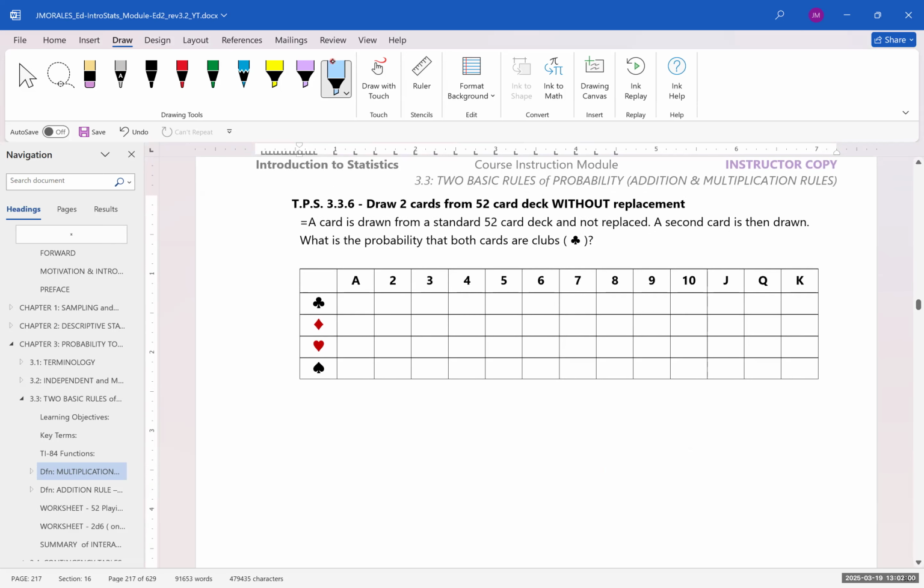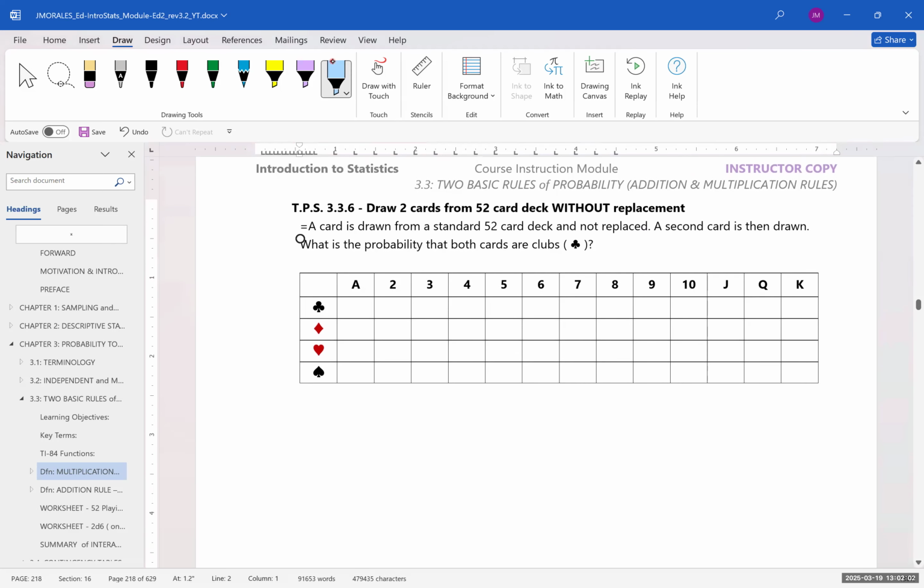So what we see here is a similar example, and I'm going to go ahead and work this one through. Here we're starting with a 52 card deck. We're not replacing cards. A card is drawn and not replaced, then a second card is drawn. What is the probability that both cards are clubs?